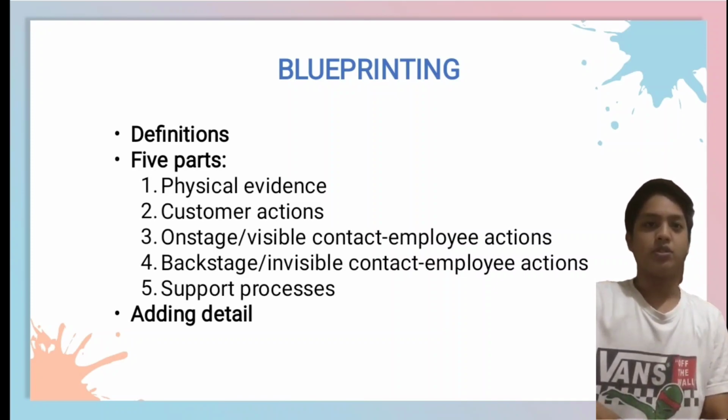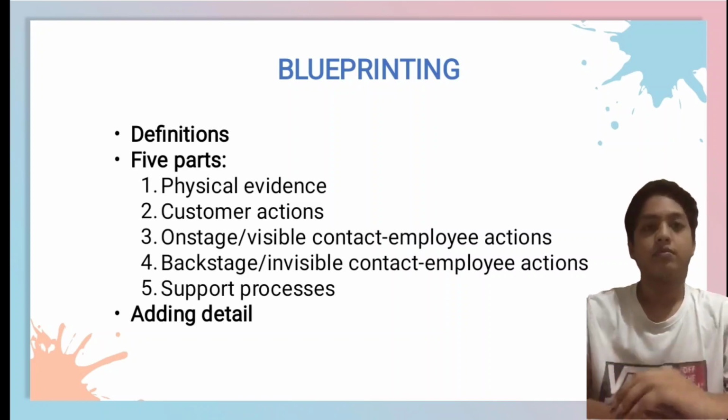Examples include purchasing a product online or scheduling an appointment. On-stage visible contact employees' action. This is anything a customer experiences from the organization once they have taken an action. Examples include receiving a product or speaking to customer service.